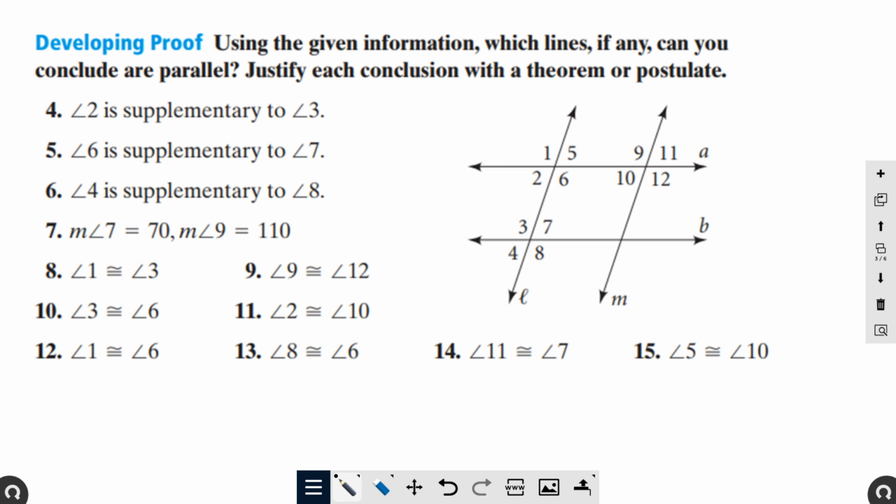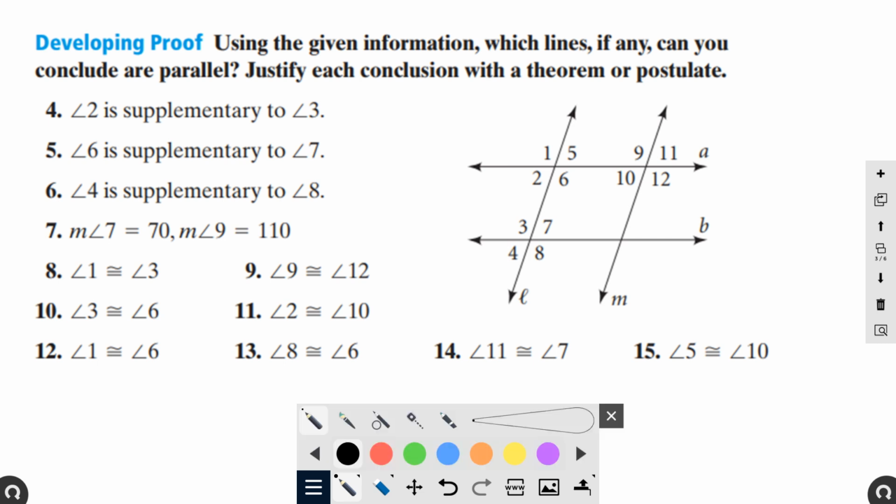Using the given information, which lines, if any, can you conclude are parallel? Justify each conclusion with a theorem or postulate. So remember, a theorem or postulate is just a fact. What we're going to do is state the type of angles, and that's your theorem or postulate. We're going to keep this kind of simple. Now, I'm going to be marking on this picture a lot, and then I'm going to go through and erase it. So let's look at our first angles that were given.